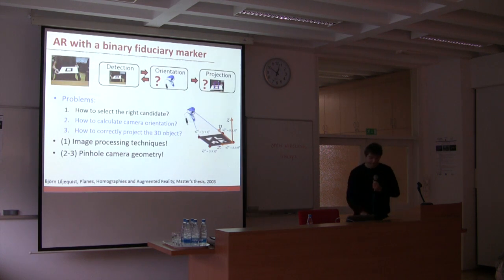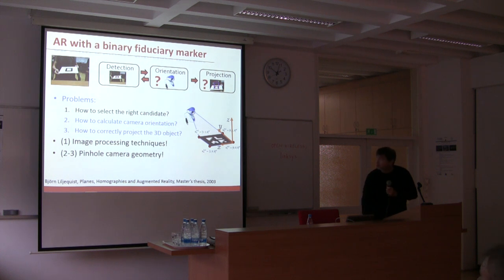So where are we now? Basically, we have a very short list of candidates for our marker, but we don't know which one is the right one yet. So for that, we need to already calculate the orientation of the camera.